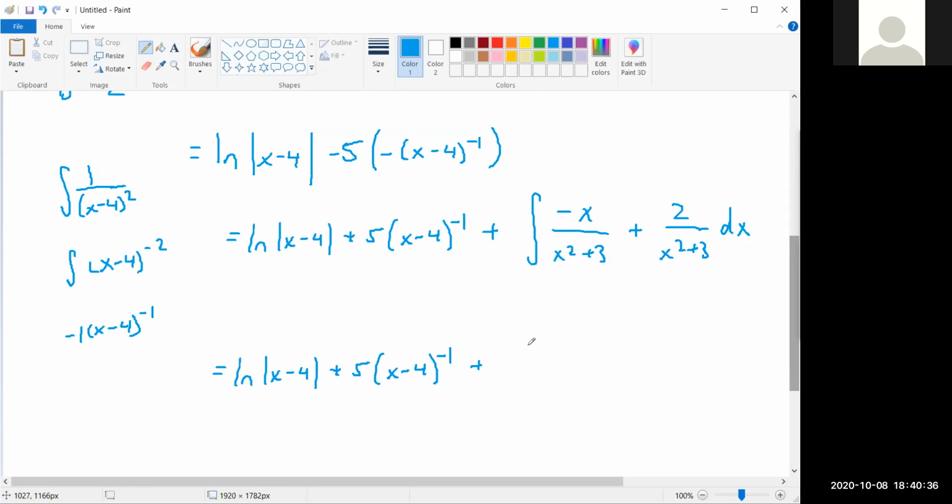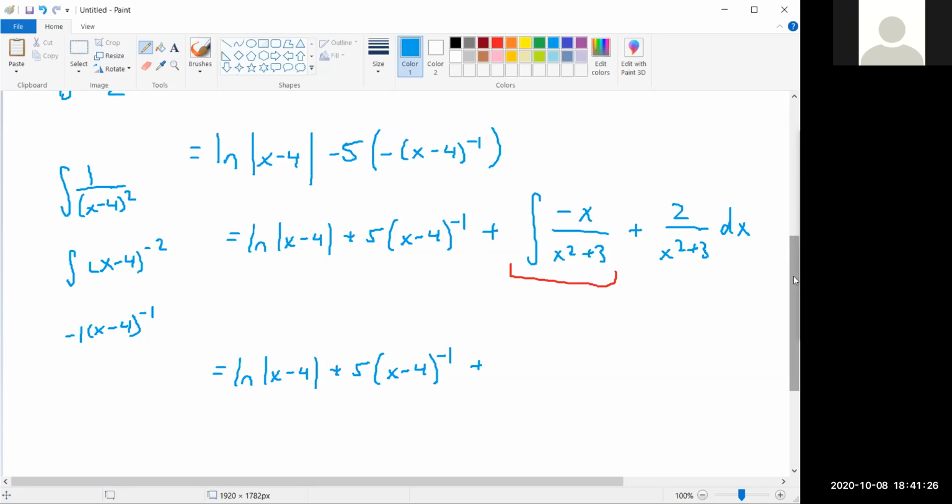Okay, so how do we do the first integral over here, this one?